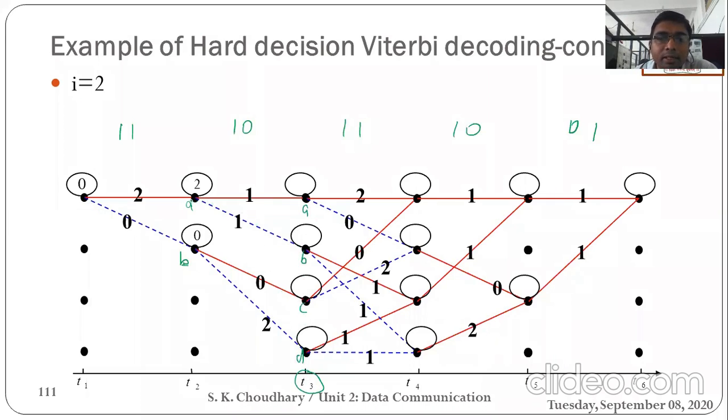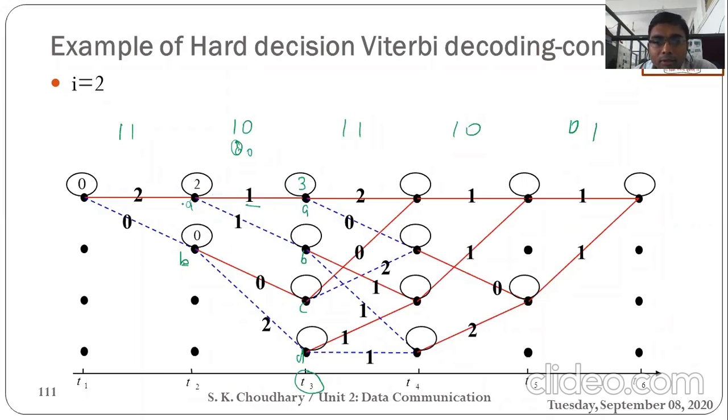Start with A. When you receive 0, that is represented by the solid red line. You have the output 0 0, and comparing the 0 0 with this 0 1, you have the Hamming distance 1, and you remain on the same state. So here 2 plus 1 is 3.